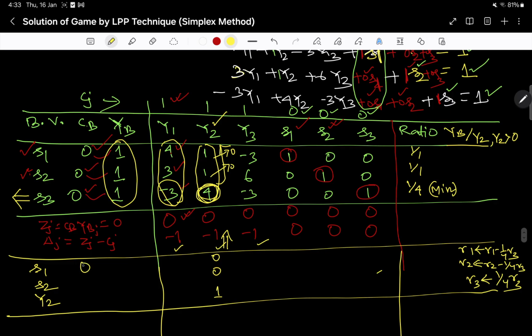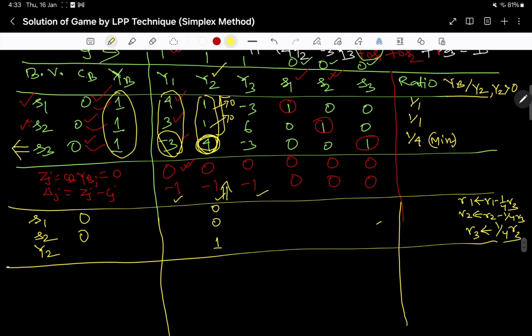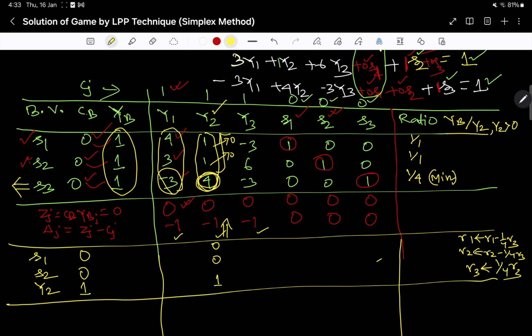Accordingly, what is the coefficient here? S1 is 0 and S2 is 0. What is the coefficient of Y1, Y2? Y2 is 1 now, okay. After calculation, this is 1 minus 1 by 4, it is 3 by 4, here 3 by 4, and last row here 1 by 4.